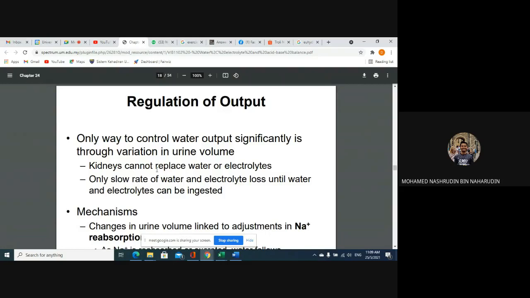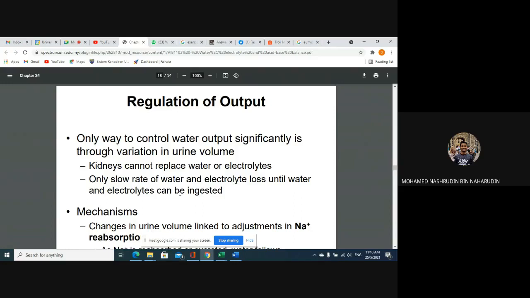Kidney cannot replace water and electrolytes, so you have to remember that. It can just absorb and reabsorb. There is only a slow rate of water and electrolyte loss until water and electrolytes can be ingested. This happens in the loops of Henle within your nephron, generally within your nephron: the absorption, reabsorption, secretion, and until the excretion.